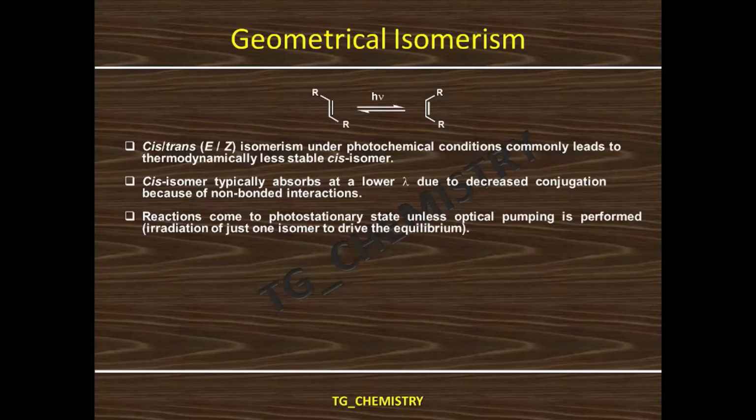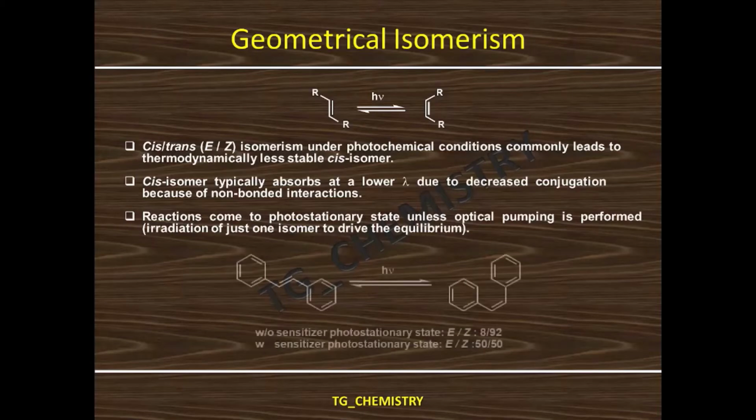Now, the example of cis and trans stilbene is quite well known and is of the first kind, and in that case, due to the different absorption spectra, the Z isomer can be enriched in the photostationary state.